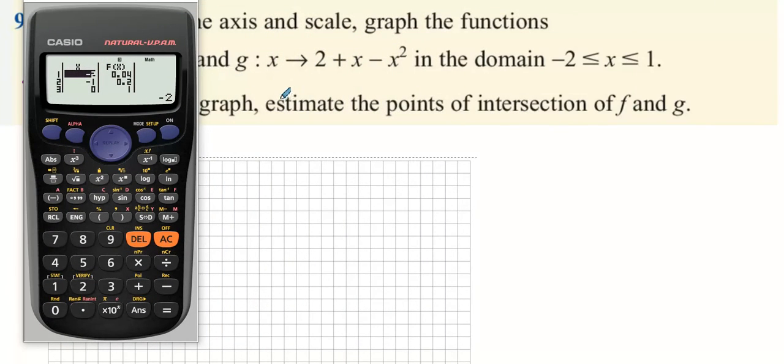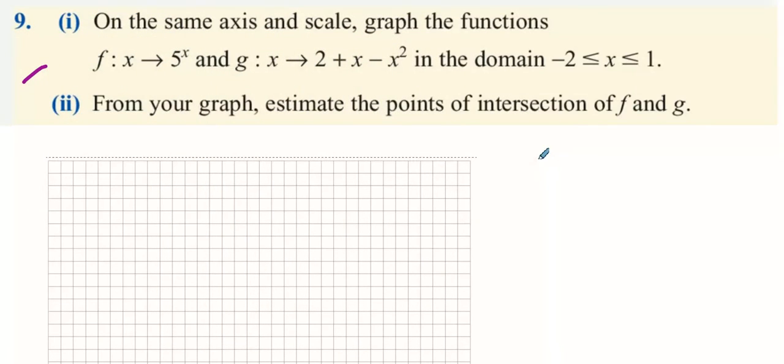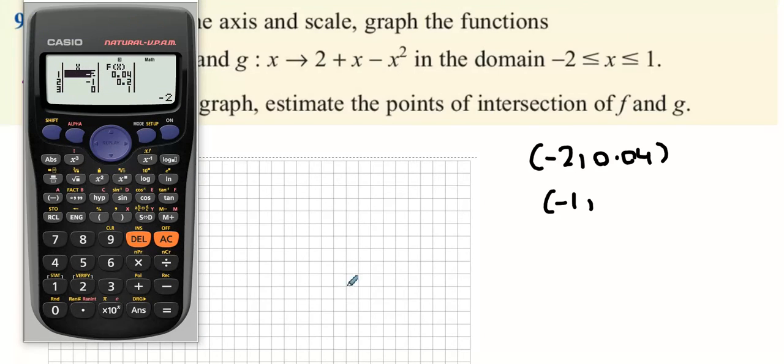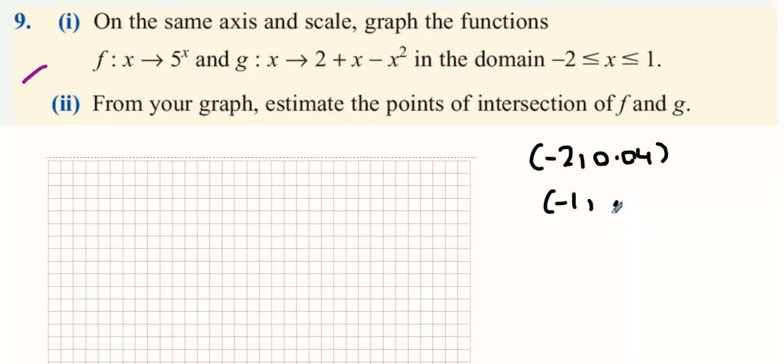There you go, you get -2, 0.04, -1, 0.2, 0, 1, and 1, 5. Okay, so there are all the f of x values.